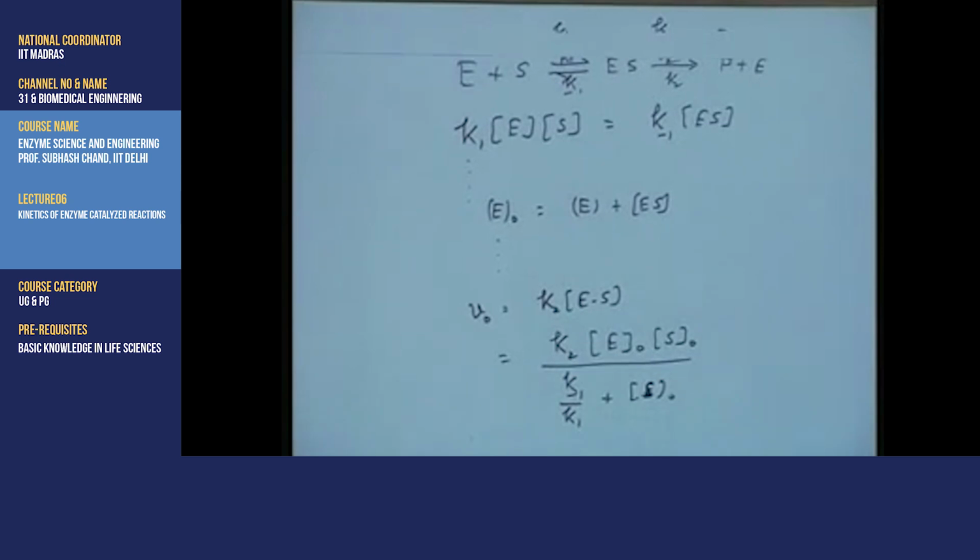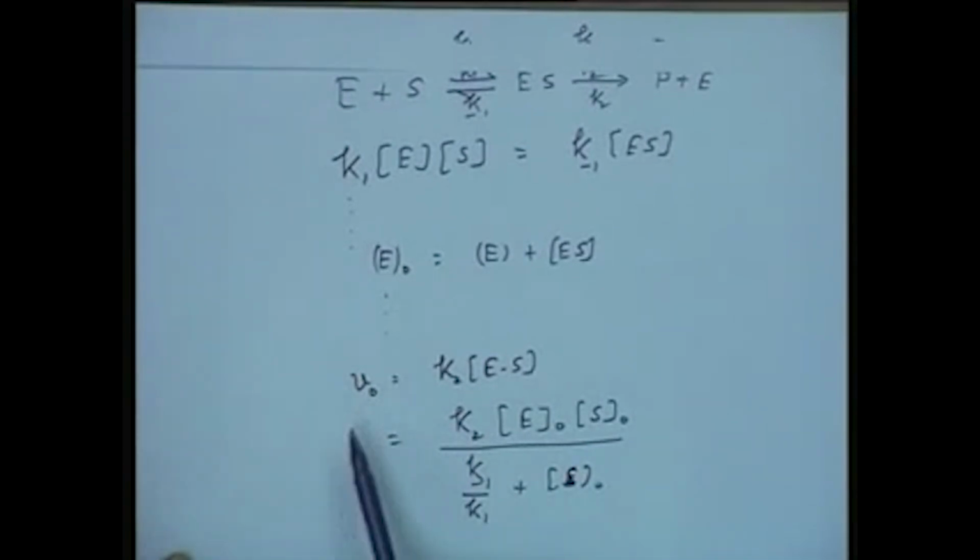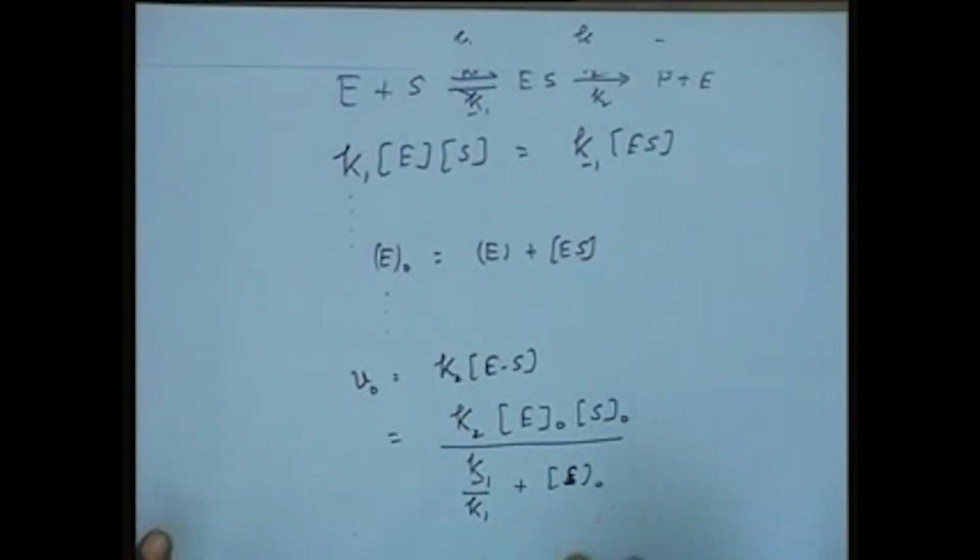So you get the initial rate expression where the initial reaction rate is given in terms of initial enzyme concentration and substrate concentration. Now, the rate constants here, as you notice, are K1, K minus 1 and K2.